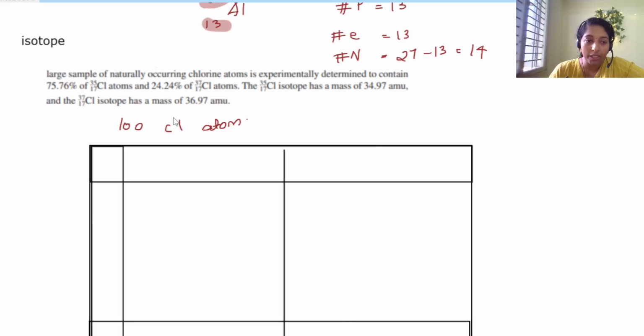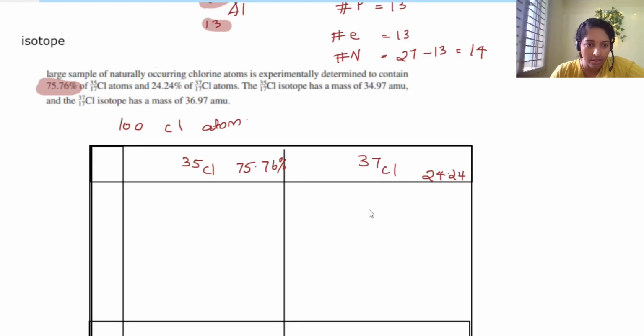If I take 100 chlorine atoms, for example, the experimental evidence says that 75.76 percent of chlorine looks like chlorine-35, and the remaining 24.24 percent looks like chlorine-37.